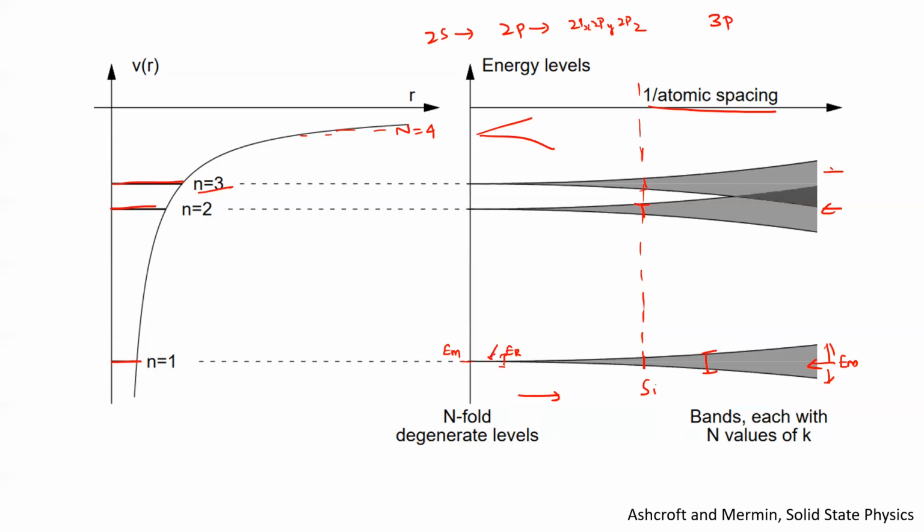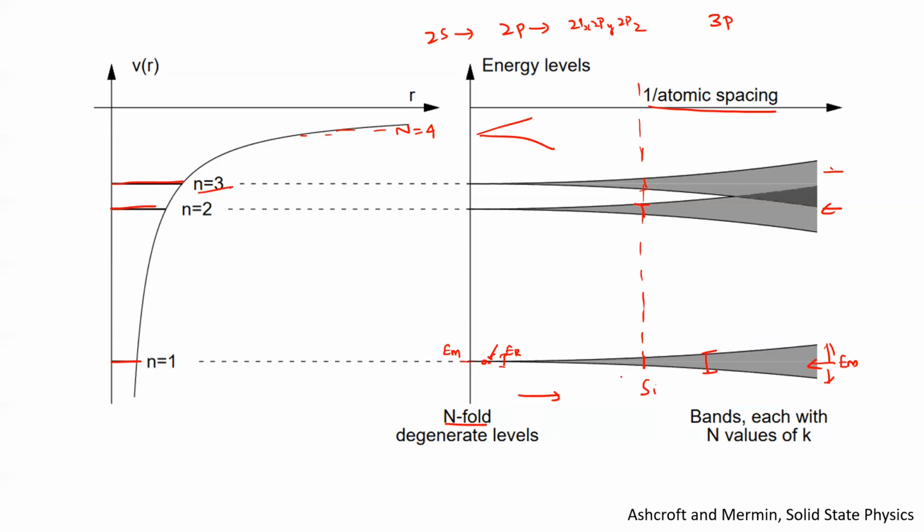Even here you have a band. One has to remember that you have a band even when the atomic spacing is here, but they are all degenerate. All the n atoms have the energy levels at the same point, so all the energy levels have the same energy. But here, when the orbitals start to overlap, the energy levels start to separate because of the overlap functions, and you start having bands.